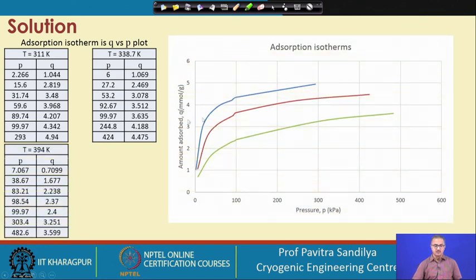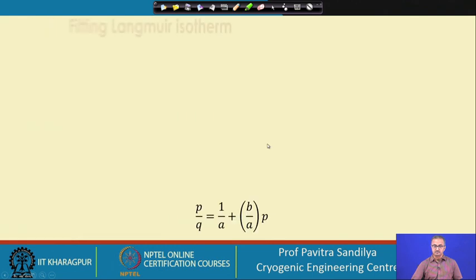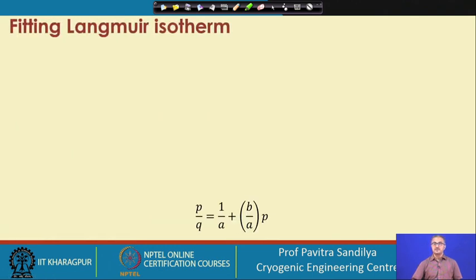Next we go for the next higher temperature of 394 K, and again the amount adsorbed has further come down, and lastly we go to the highest temperature. This line represents the highest temperature. By looking at all the isotherms, we can conclude that this one represents the lowest temperature and this one represents the highest temperature.